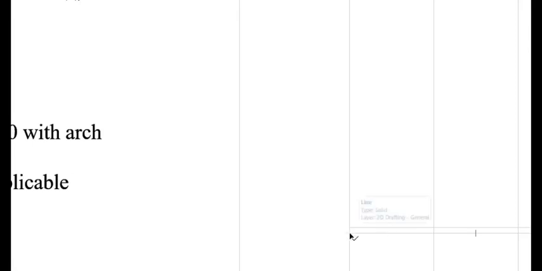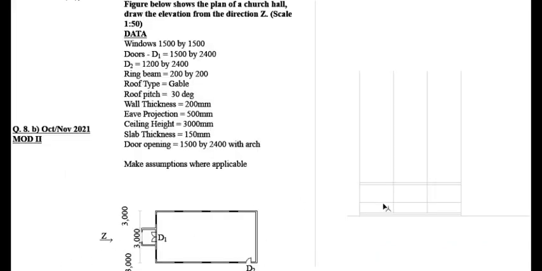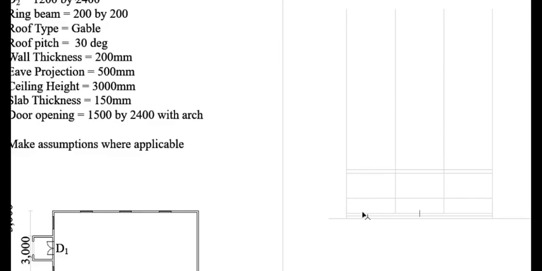From this point, because you are going to divide 1500 by 50, measure 30 millimeters and draw the line. So this is going to be the level where our windows are going to be. This one right here, I'm just going to erase it.